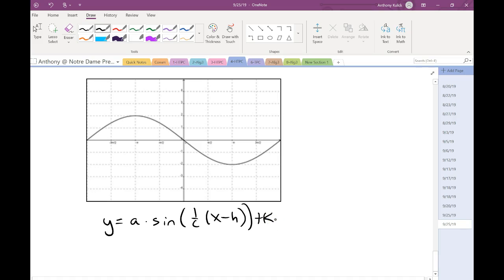It's a sinusoid, so its equation should look like this, or it can be written like this, I should say. To answer this question, I need to come up with values for A, C, H, and K. So how could I do that? What can I use to figure out those values?